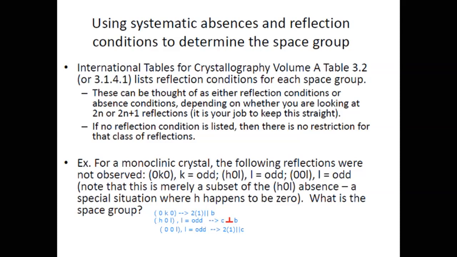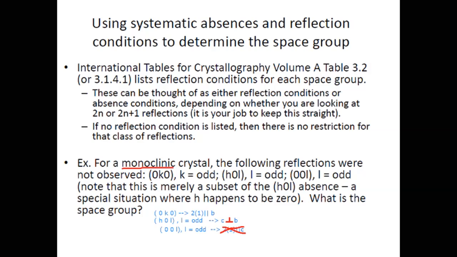So the 00L where L is odd is a subset of the H0L, where H is 0 and L is odd, which is systematically absent. It doesn't mean that it has the 2 sub 1 parallel to C. It's a mere subset of the parent reflection group. It may throw you off and make you think there should be a 2 sub 1 parallel to C, but this cannot be so because we're in the monoclinic crystal system, and the major axis is the B axis. So the 00L is a subset of the H0L.